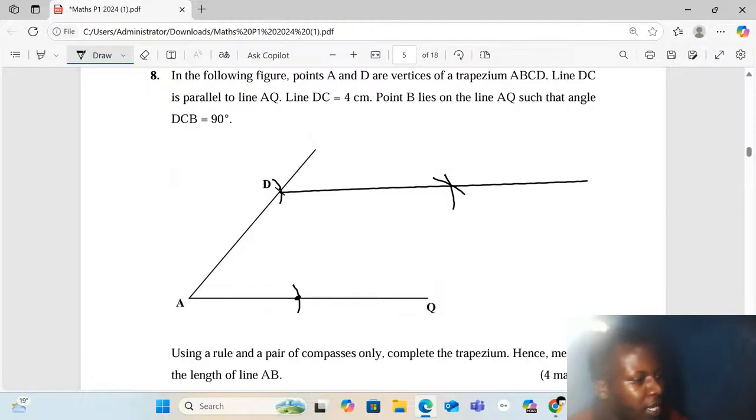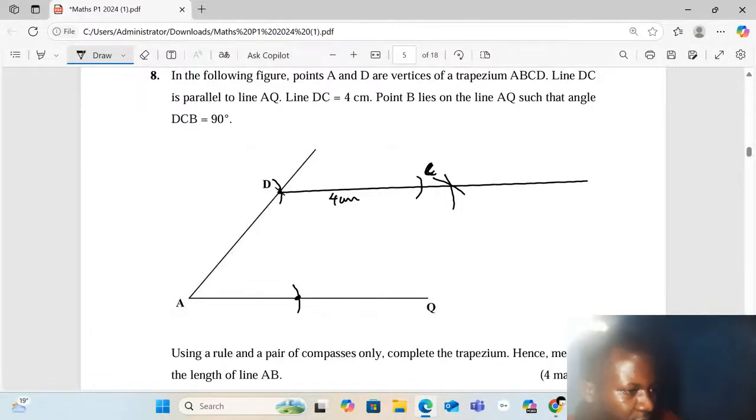So being at point D, measure 4 centimeters along this line parallel to AQ. Measure 4 centimeters with your ruler, then make an arc where 4 centimeters is. Now, being at point C, they're saying we have a point B along AQ such that angle DCB is 90 degrees.